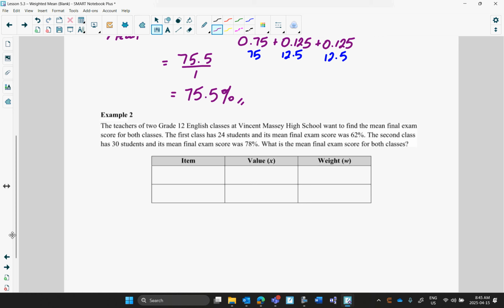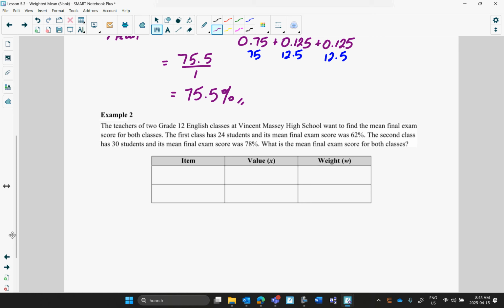So we wanted to find the average of all the students that took pre-calc. We can't just add my average and her average and divide by 2 if we have a different number of students in our class. If there's a different number of students, that means the weighting for each class is different. So we have to account for that.